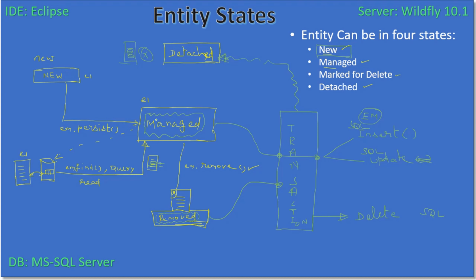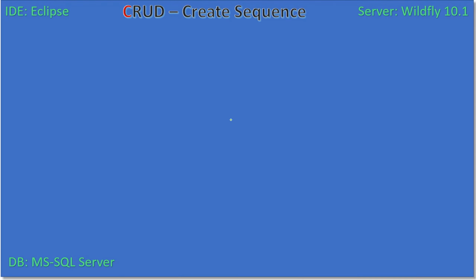Alright, now let's look at the operation sequence one by one. First we will learn about the create sequence. If you see, using the new keyword, we will create an instance. So the state of the instance is new. Here are the fields. Then in the next stage, we will populate these fields.